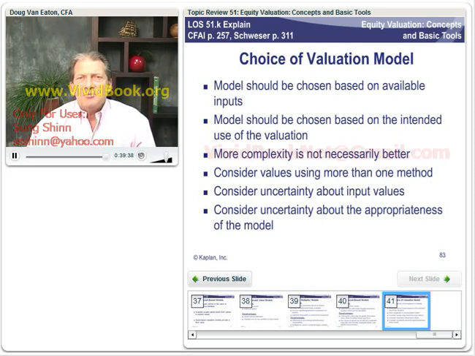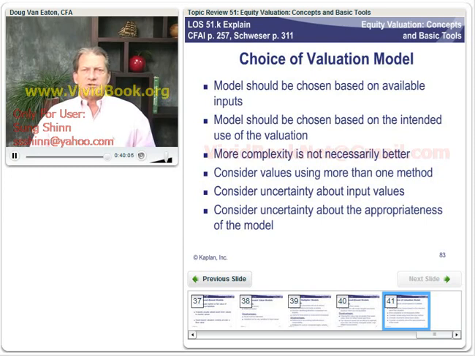But this doesn't mean you have to choose one. You can consider values using more than one method. If you use a dividend discount model, why not also look at price to sales, price to cash flow, enterprise value to EBITDA and see, are more than one model telling you this is undervalued, or is it only a particular measure that's telling you it's undervalued?